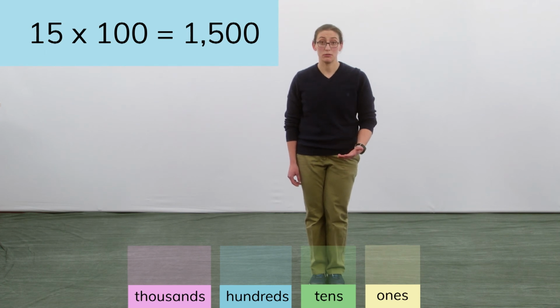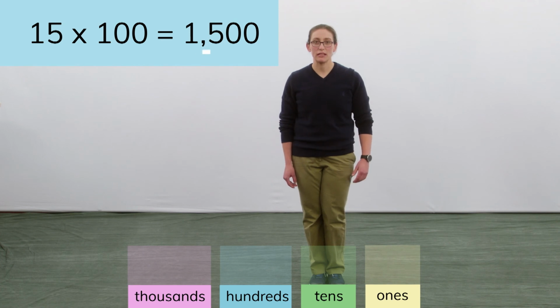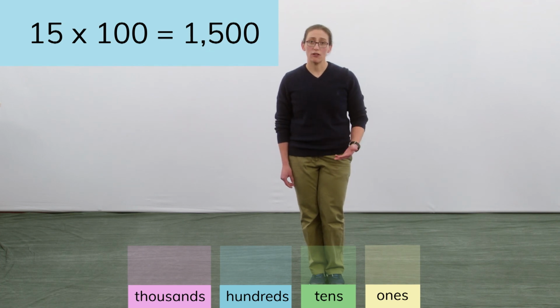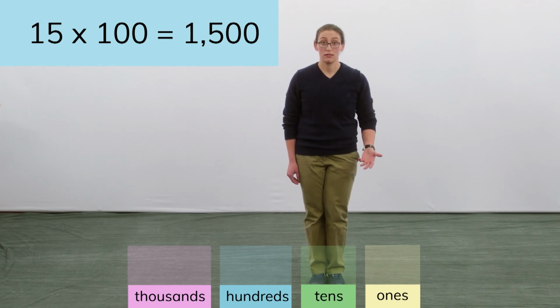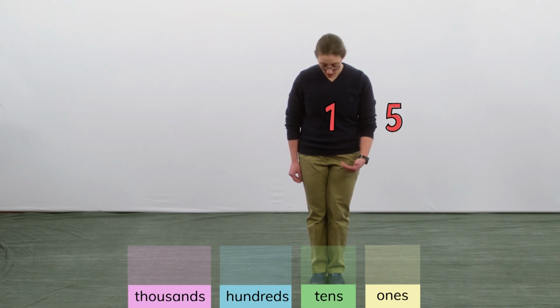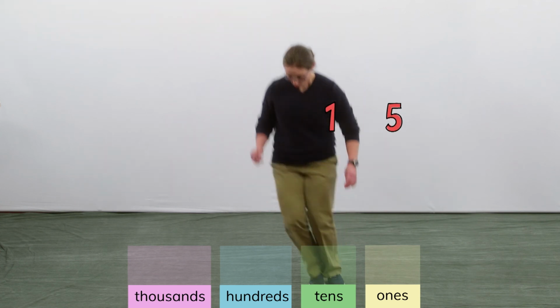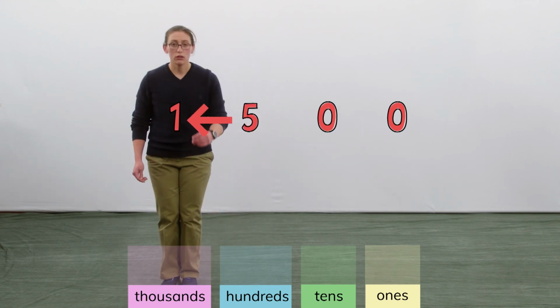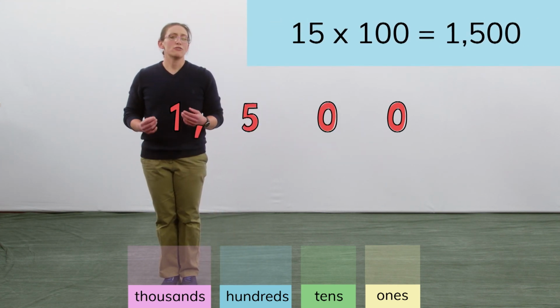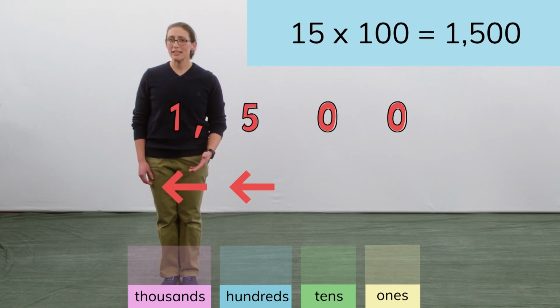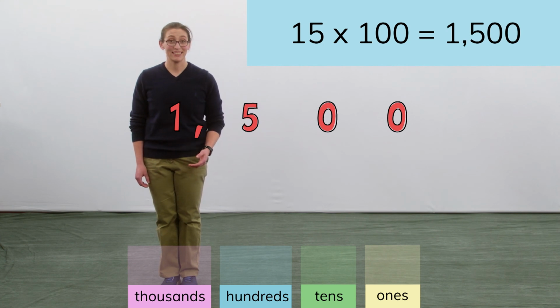Where did it end up? For sure, it ended up in the thousands place. So let's hop now and see what happens. So I'm starting as the 1, and I'm going to go to the thousands. So 1, 2. So the digits shifted 2 places to the left again.